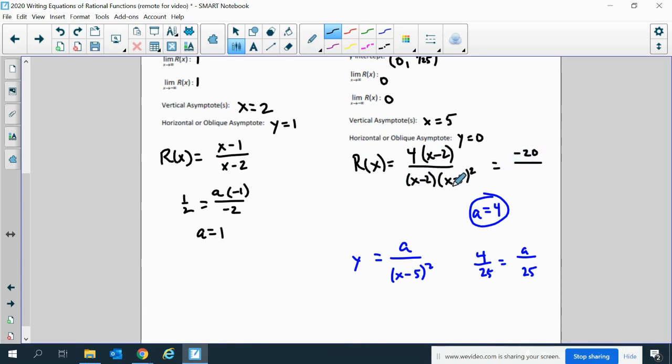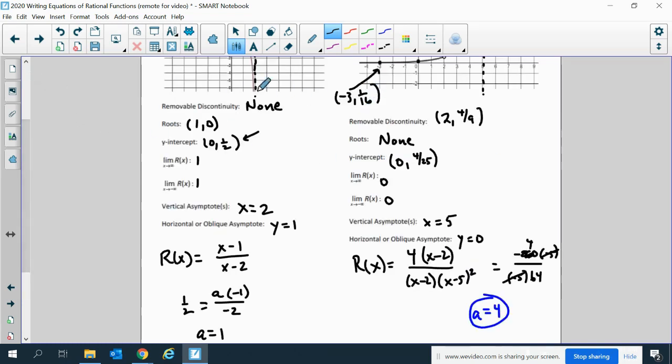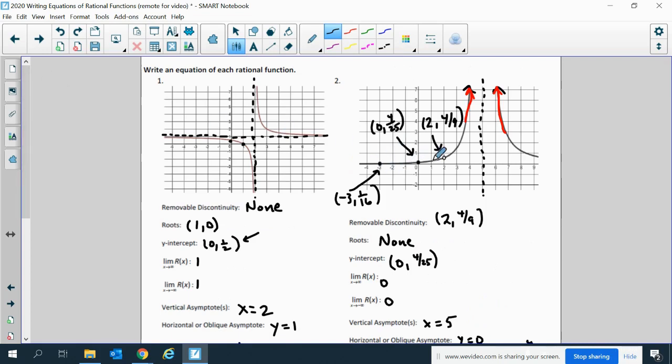And then if I put in negative 3 down here, I get 64 times negative 5, which is, well, I guess I should just cancel off the negative 5's. And 4 over 64 is 1/16. So I end up getting exactly what the points are.